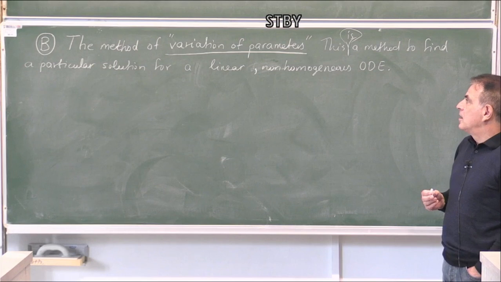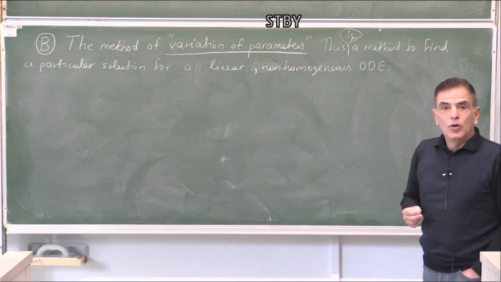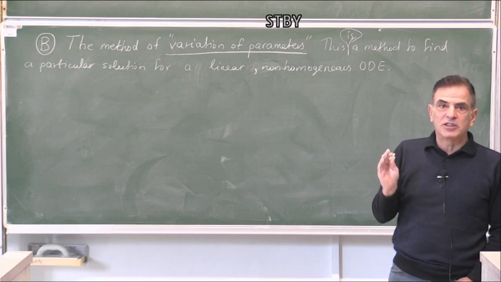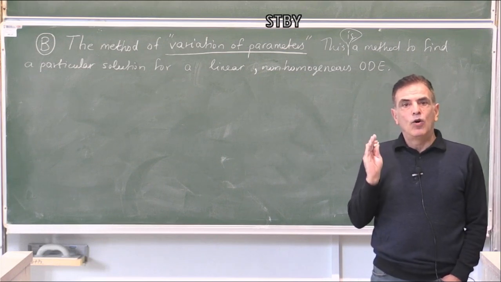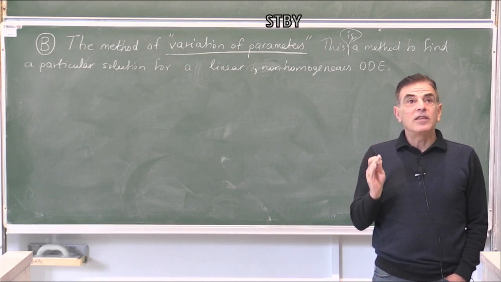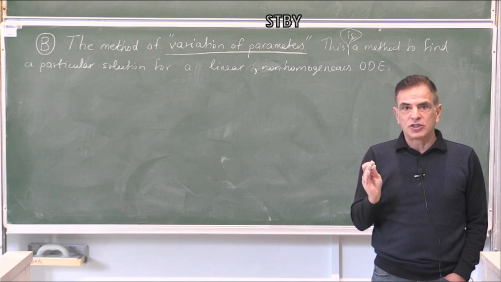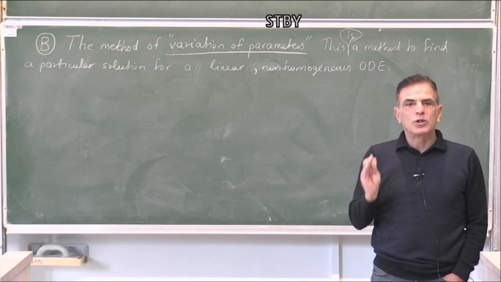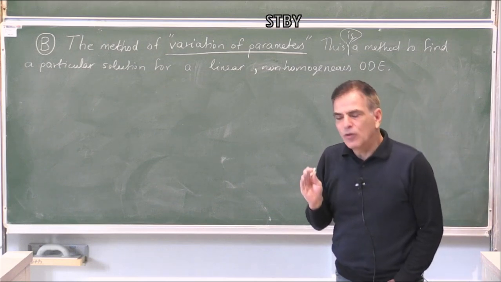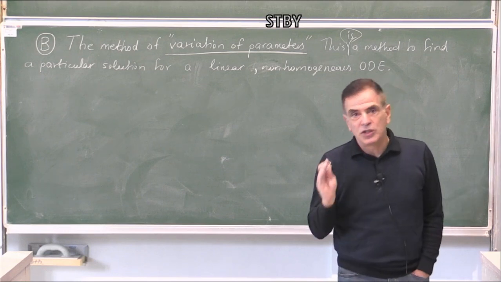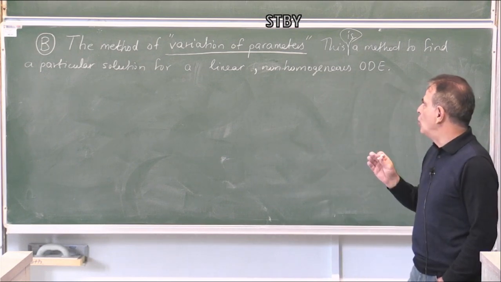Good? But, of course, we assume that the main assumption is that the homogeneous solution is known. In other words, the fundamental set of solutions is known. In other words, the set of linearly independent solutions of the corresponding homogeneous equation is known.